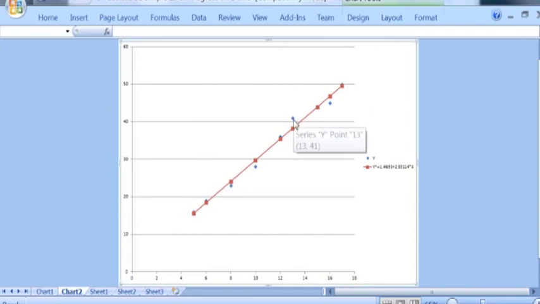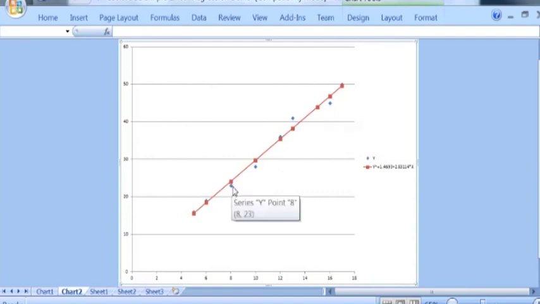You can see that in this gap, the actual value when x is 13 is 41, but the estimated value from the regression line corresponding to this 13 is 38.27. So this vertical distance, the gap, is called the residual.